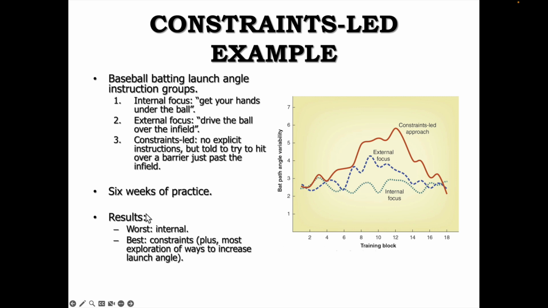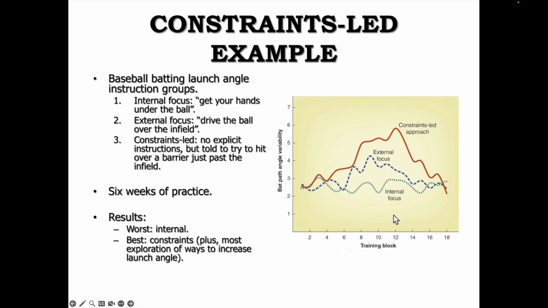So what this meant is that, working on launch angle, the internal focus of attention group actually had the worst results, and the best was the constraints-led group by the end of the 6 weeks of practice. Notice that the constraints-led approach had the smallest variability in bat angle, which means their hits would be a lot more consistent.